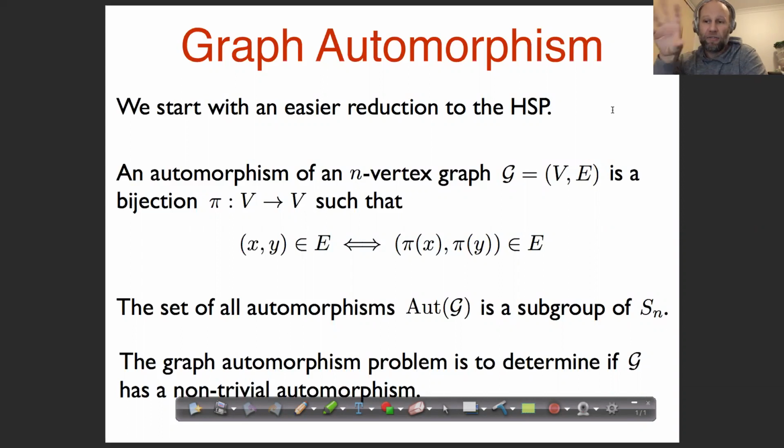So you can relabel the vertices, and the graph looks the same. Formally, for every edge in the graph, (x, y), when you look at the names of those vertices under the relabeling, so (π(x), π(y)), that's still an edge of your graph.